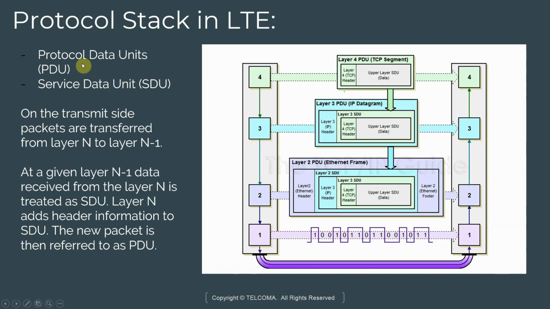So you just need to be familiar with these two terms, PDUs and SDUs, since they are pretty useful when you are looking at Wireshark traces or captures on the network side, and for troubleshooting and just for better understanding.